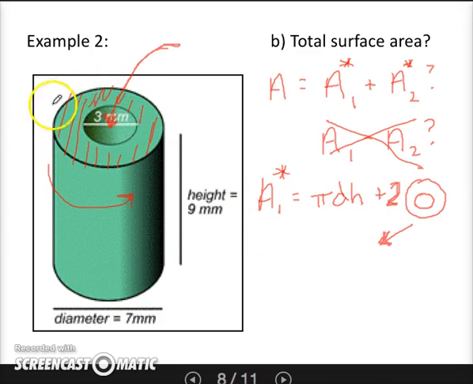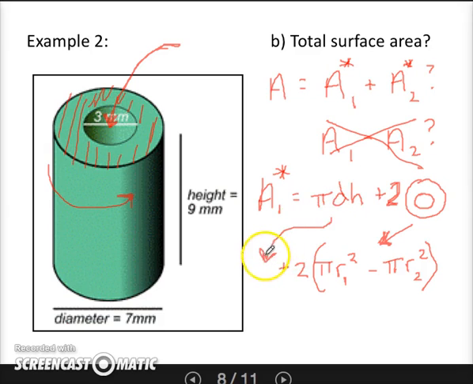Well, what we really have here is a circle with a little circle taken out of it. So we have pi r squared, the big one, minus pi r squared, the little one. So if we were to take that and multiply it by 2, we would get the area of these two bases. And then we could add it on to this same old pi times the diameter times the height, and we would get the area that's showing from this big cylinder.